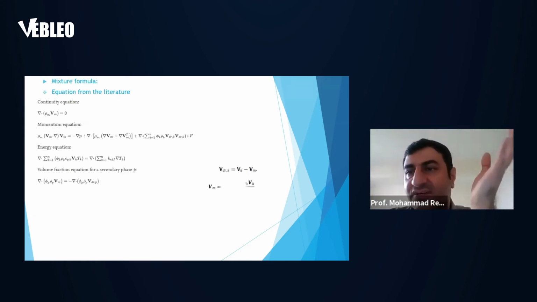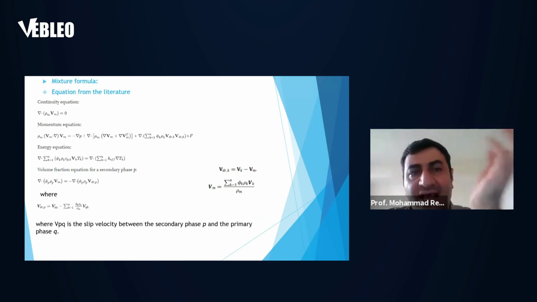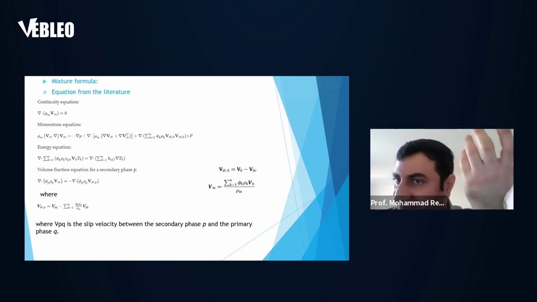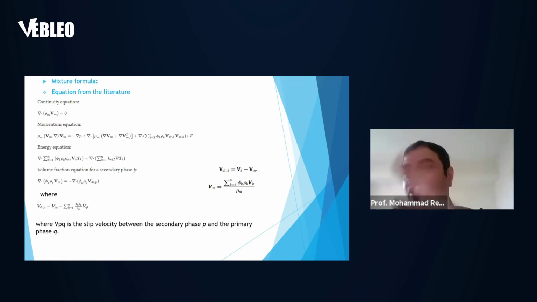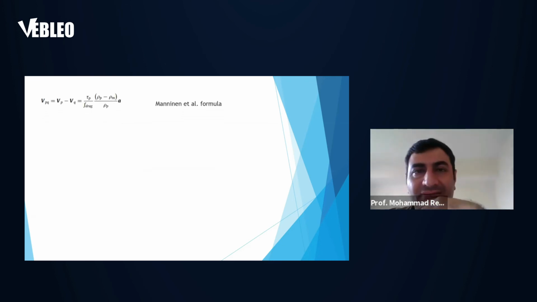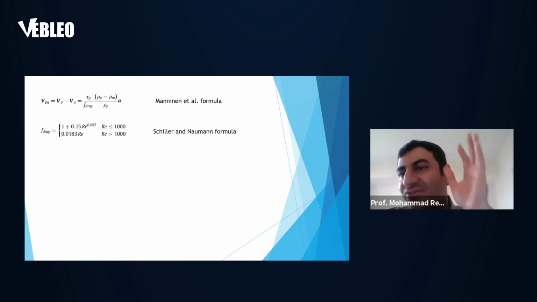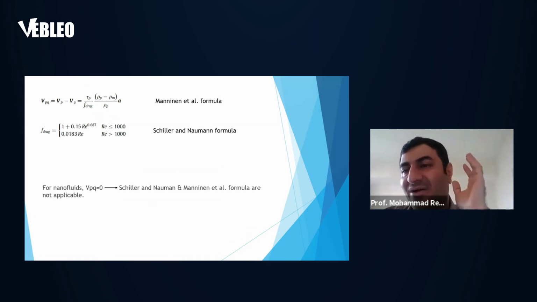Many commercial software packages like Fluent or COMSOL Multiphysics use this formulation to model the mixture, and most papers use it without any modification. Because we don't have time, I don't want to go into details, but if you read this PowerPoint later or call me, we can talk about it. The old formula used in this commercial software does not work for nanofluid.